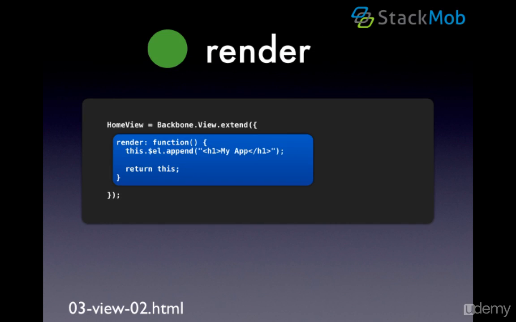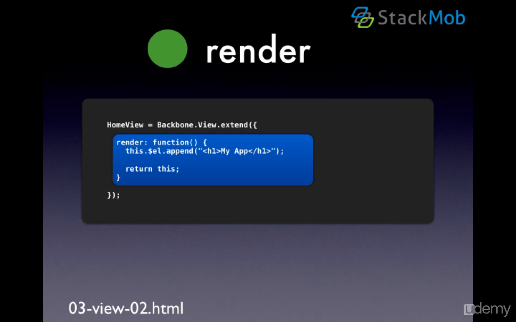And here we're actually going to render. And when you render, what you're doing is you are basically saying, go ahead and actually fill that box, fill that element with some stuff. And as you can see here, I'm taking my $ sign element, and I'm using the jQuery append method, and I'm just adding some HTML. I'm just passing in a string.